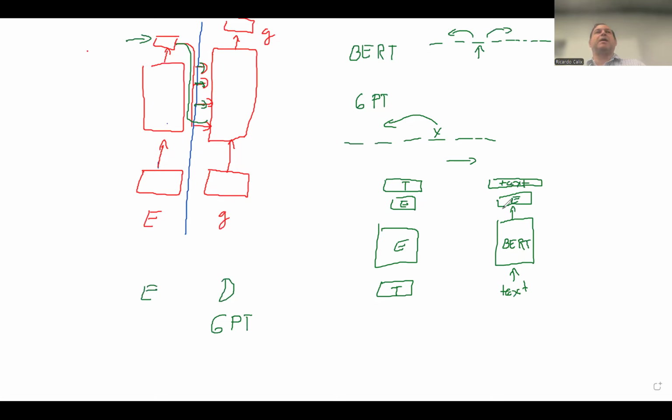So the question became, okay, we've got text here and we've got text there. What text do we put in? How do we train this? Let's just keep this simple. Let's just put in the same sentence as input and output. That's where I'm going with this thing of masks, because this should be simpler to understand.